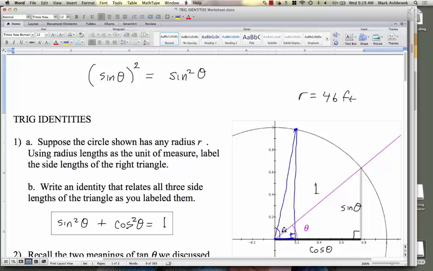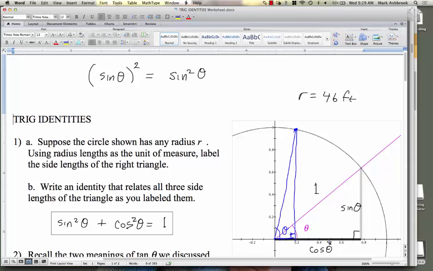Still true or not true? Still true. It's a different right triangle, but the base is still cosine, the height is still sine, and the hypotenuse is the radius length, so still 1. So, is it true for all values of theta or just some? All values of theta. You have a different triangle, but this relationship holds. Therefore, it's an identity. It's true for any value of theta that you put into it.